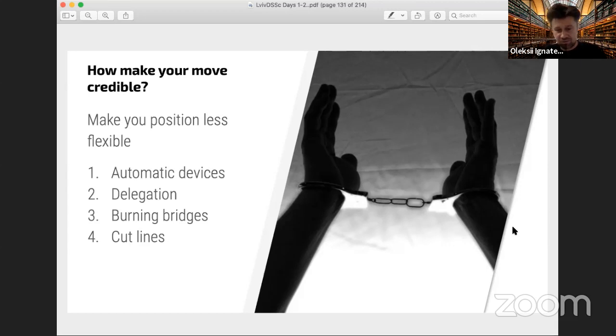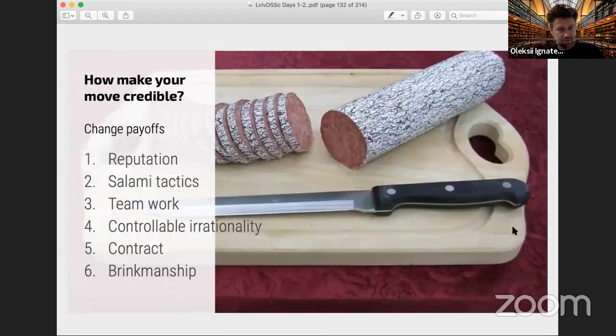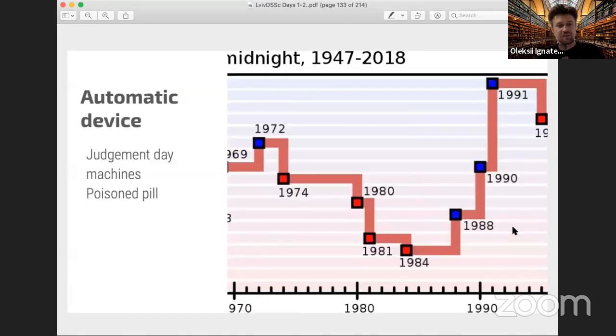What is the example? Well, for example, you have judgment day machines, or judgment day devices. If you don't know, in the Soviet Union there were special devices that measured the radio waves in big cities, and if there was no activity for a long time, they must launch the last rocket in America with a nuclear bomb.